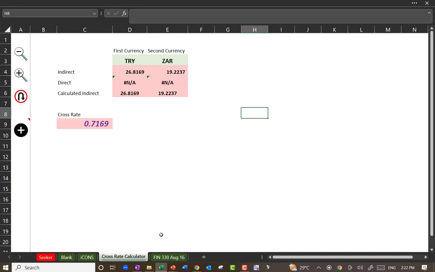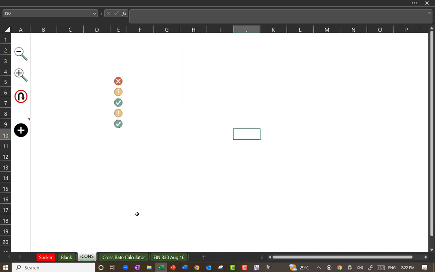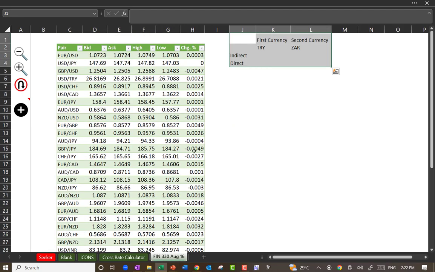Oh, it's getting the exchange rates and our internet connection is slow. And this is a hardwired connection. And this updates itself every minute or so.